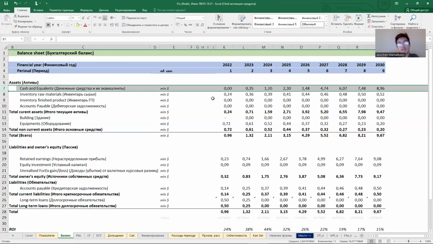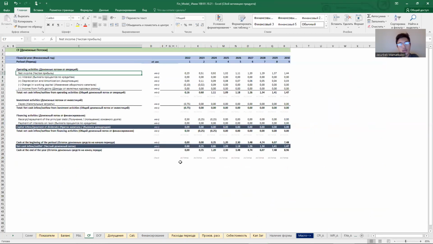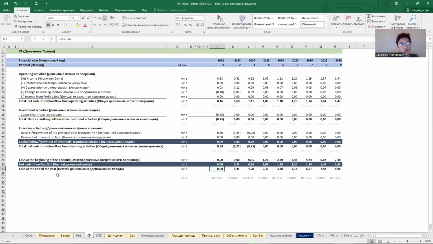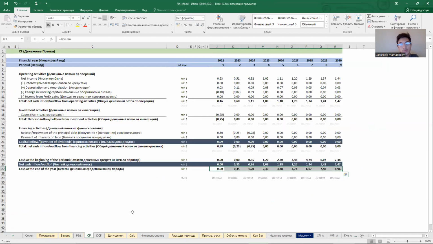Where is it coming from? It's coming from the cash flow. If we look into the cash flow, here you go, we can get these numbers from the cash flow into the balance sheet. $35,000 here, and here will be $35,000.